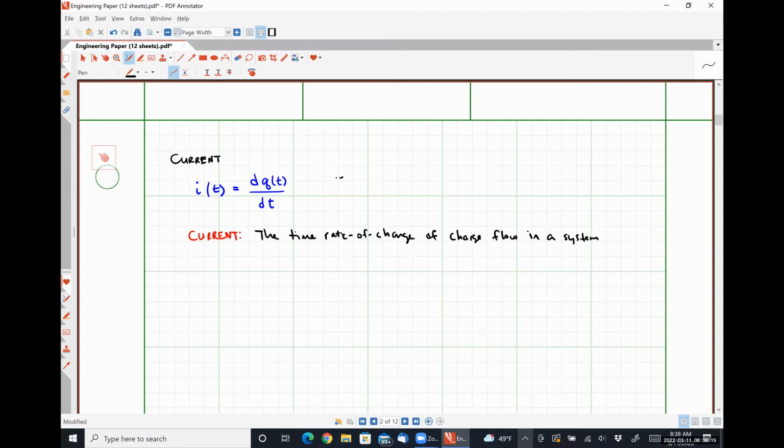Current is measured in amperes, where 1 ampere is 1 coulomb per 1 second, which I believe all of you probably already knew.